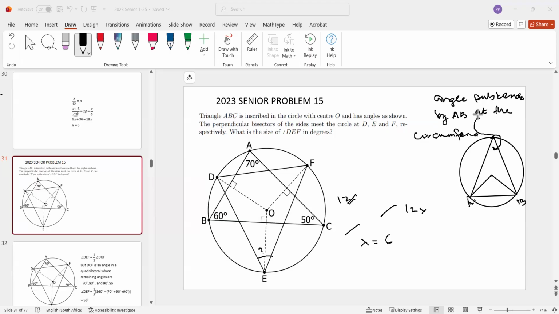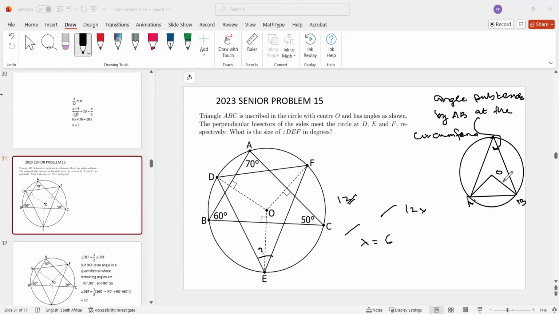If I call the center O, as you can see in the diagram, this angle AOB is the angle subtended by the chord AB at the center.